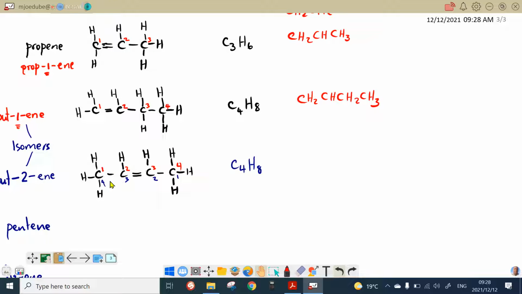And then the next one, or the isomer of that, will just be CH3, CH, CH, and then CH3.